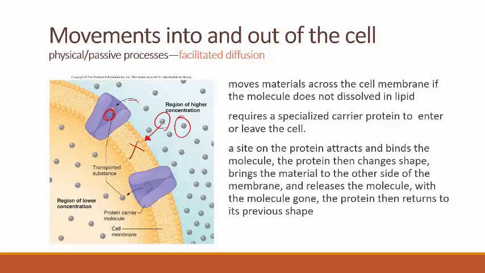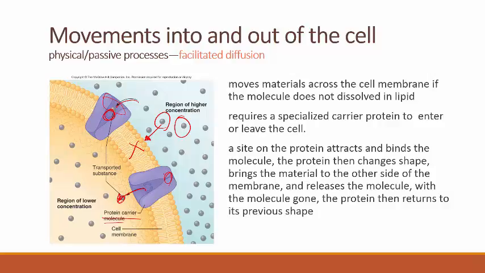So where it used to be open on the outside, the shape changes and it closes on the outside, opens on the inside, and releases the material into the cell. So it's this awesome process where a protein carrier molecule, that's what these purple things are, will change its conformation, and in the process will move a solute from one side of the cell membrane to the other.